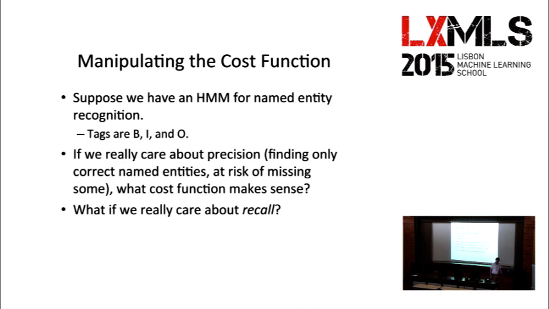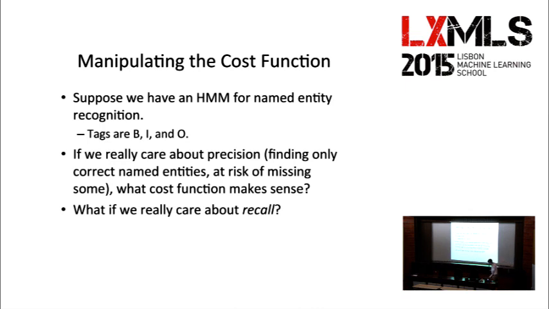You can say how much more you care about only getting correct named entities at the risk of missing some of them versus trying to get all of the named entities even if we get some false positives, recall. So if we cared about precision, if we only want to get correct named entities and throw away some that we're just not sure about, then we might change the cost function. Right? We might make some errors cost more than others. An error of a false negative is really worse than an error of a false positive.